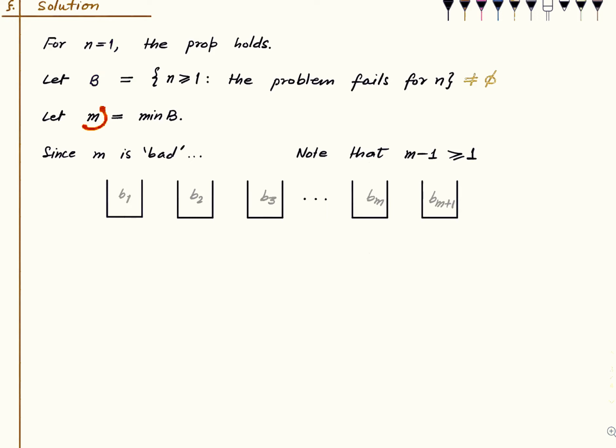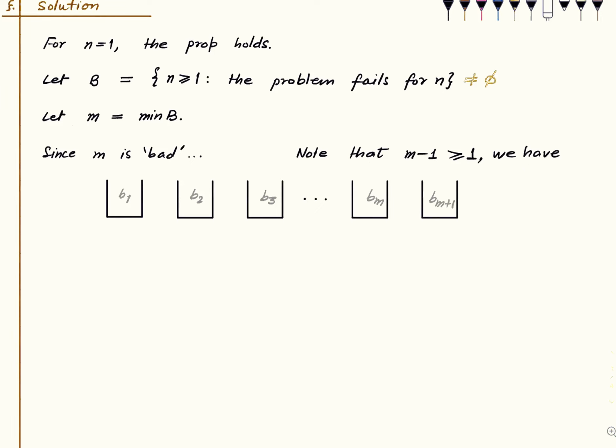Hence, M is at least 2. Since this is at least 2, this is at least 1. That's all. So this is a natural number, and since this is smaller than M, this is not bad. This is good. We have M minus 1 is good.